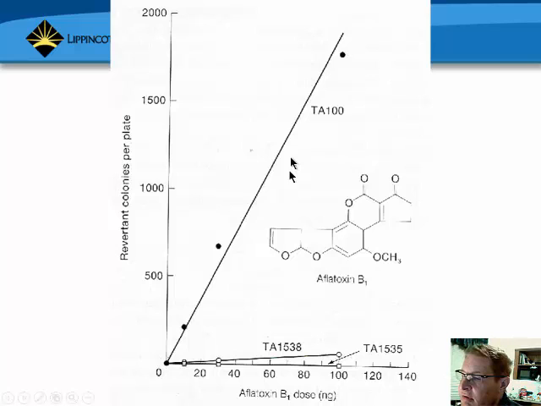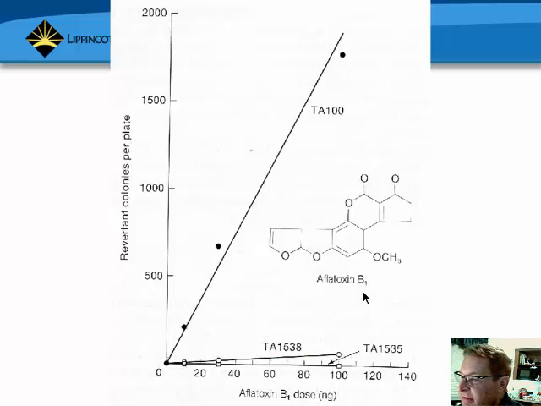So here we're looking at the compound aflatoxin B1, which makes a certain mutation, a G to A mutation, and we actually know something about the specificity of the reaction now, because the aflatoxin is only increasing strain TA100, and it's not increasing in the 1538 or 1535 strains.